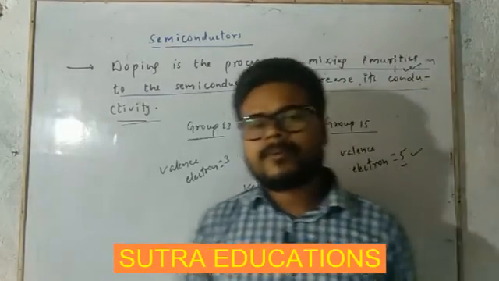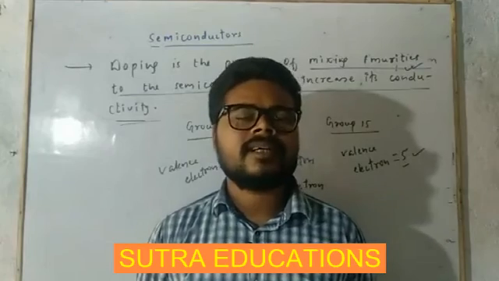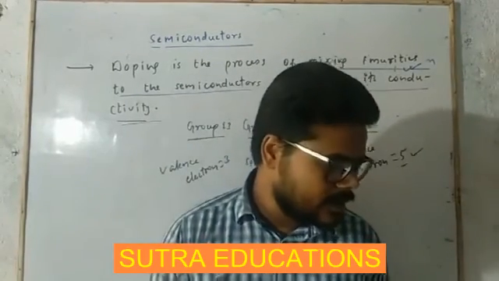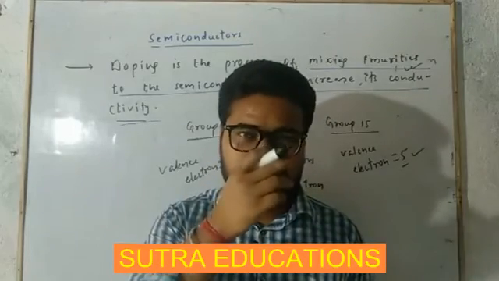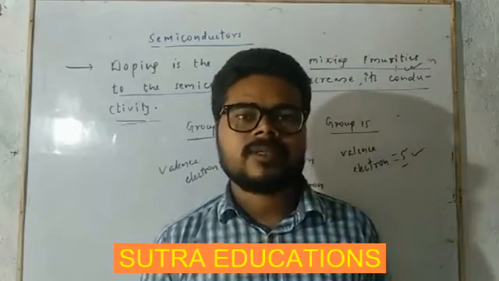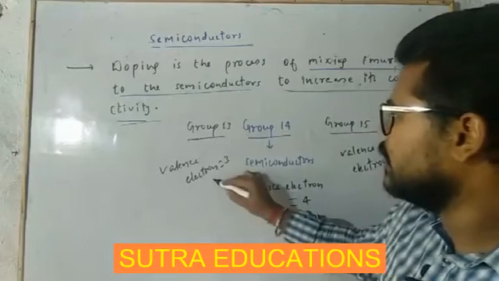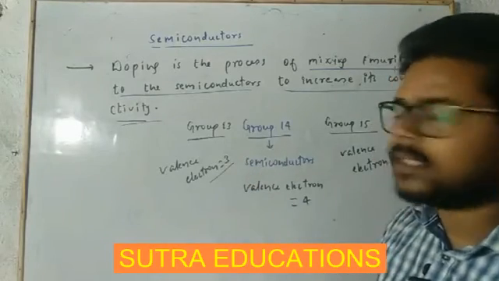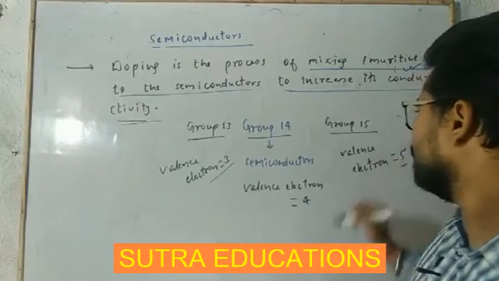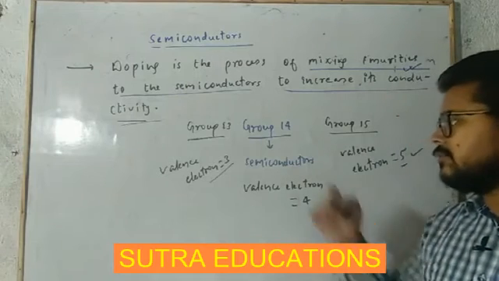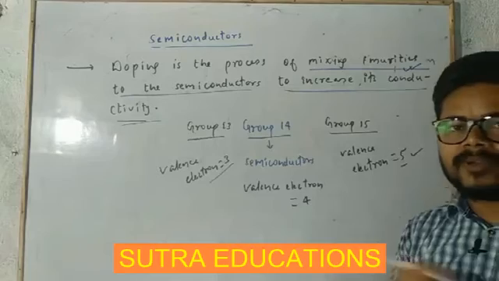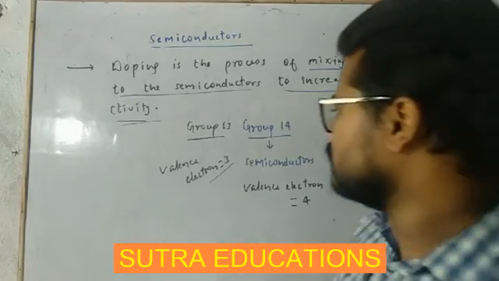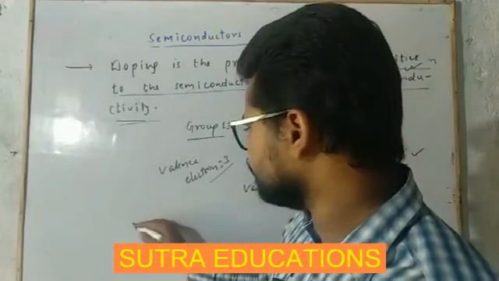If you consider any group 13 element, the outermost electrons will be 3 in case of group 13, 5 in case of group 15, and 4 in case of group 14. If you are getting confused, I am giving you one example. Say it is aluminum.